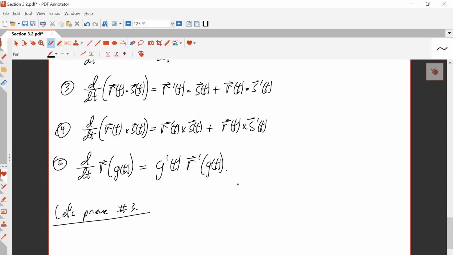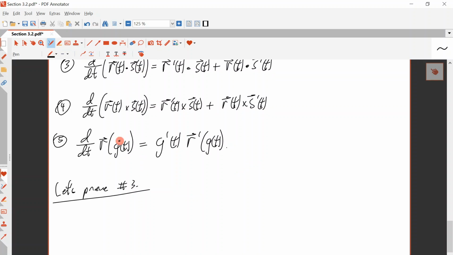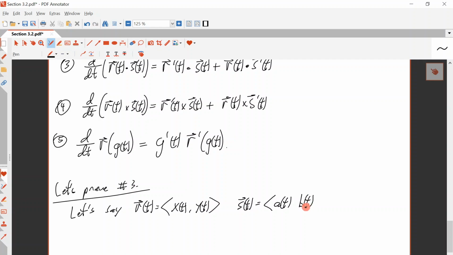Okay, we'll just do it for a two-dimensional vector function. So r of t is equal to x(t), y(t), and s of t is equal to a(t), b(t).